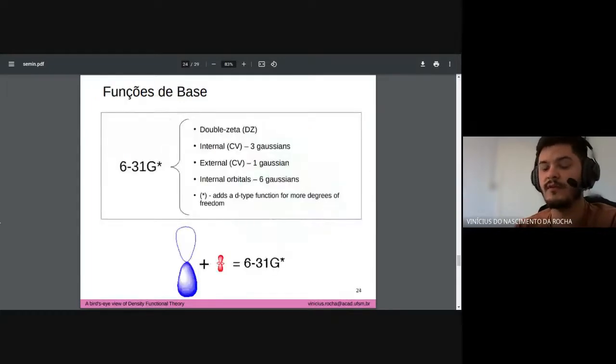An example of basis functions is the 6-31G star, which is called double zeta because it splits the valence layer into two parts. The larger our basis set is, the more degrees of freedom our system electrons will have, but our computational cost will be greater.